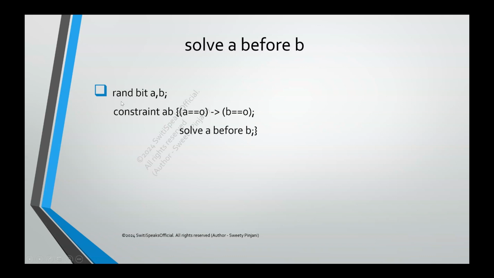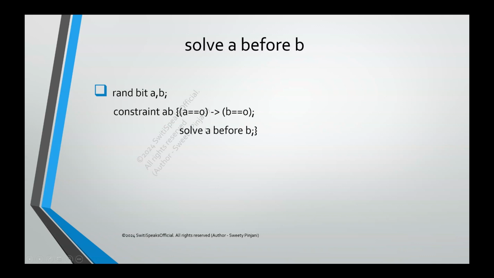What is A? It is a random 1-bit variable. What are probable solutions for a random 1-bit variable? Either 0 or 1. It means the probability of A equal to 0 is going to be half, and probability of A equal to 1 is going to be half, because I am solving A first.